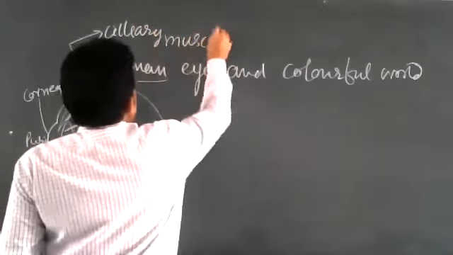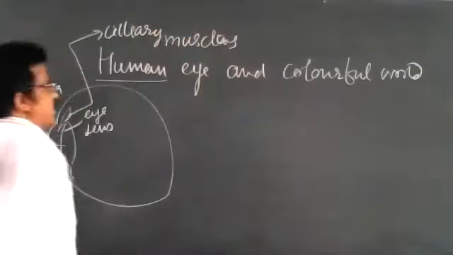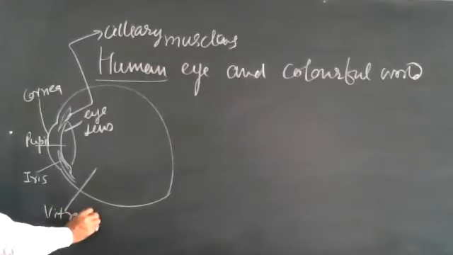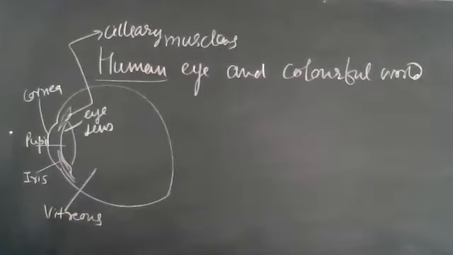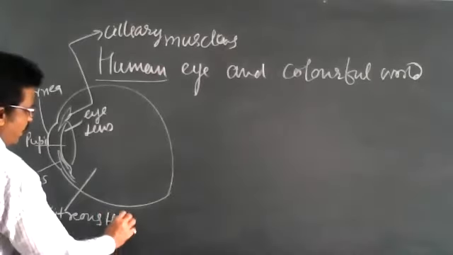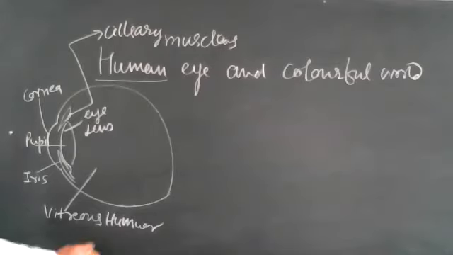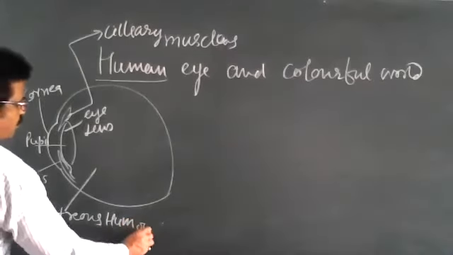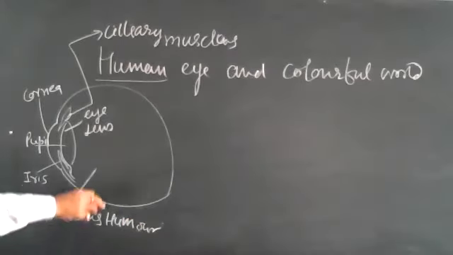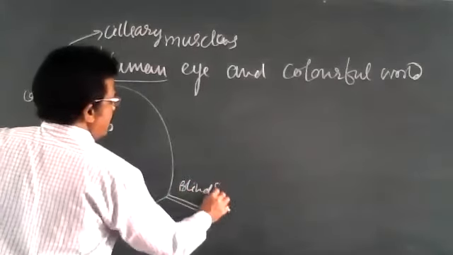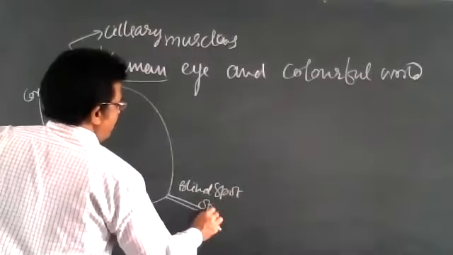The ciliary muscles. Then here in between is the vitreous humor. Then in the last part, here, is the blind spot or optic nerve.